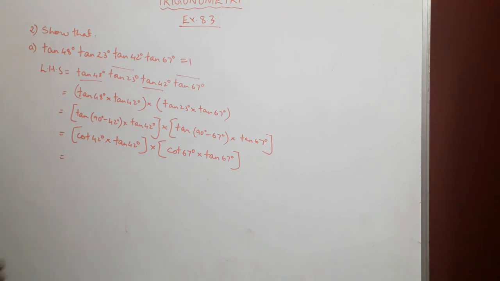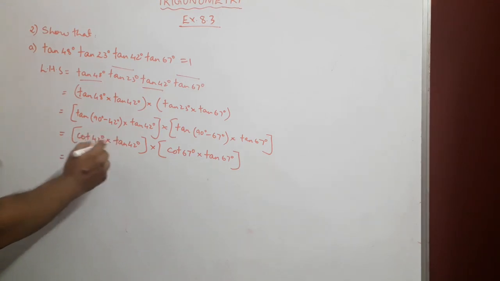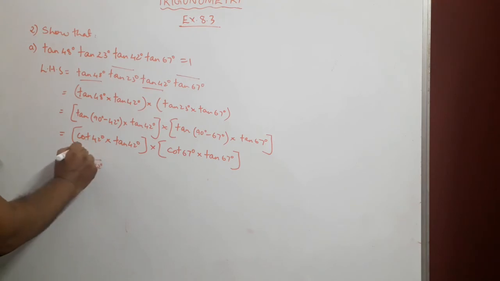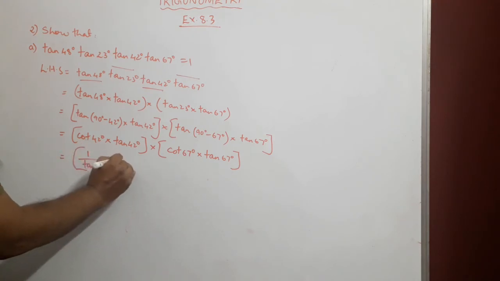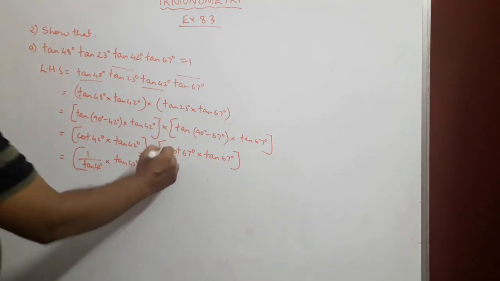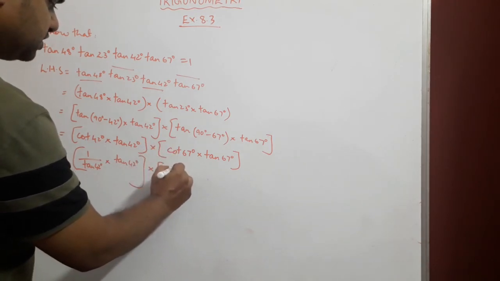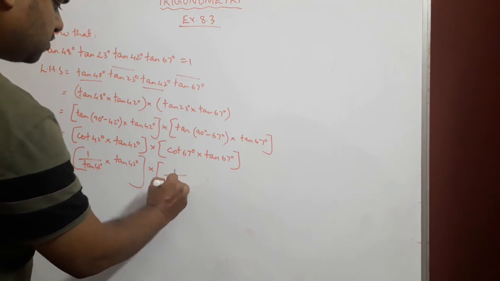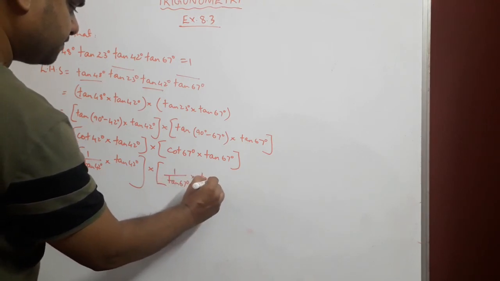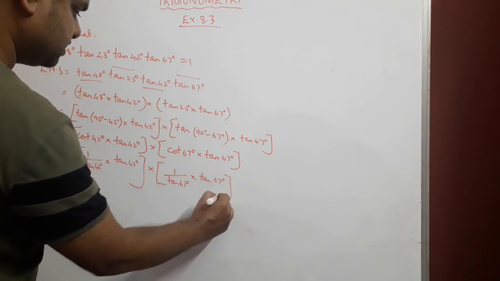Now from our identities we have also learned that cot is reciprocal of tan, so we can write cot 42 as 1 upon tan 42 degrees into tan 42 degrees, and once again over here cot 67 degrees can be written as 1 upon tan 67 degrees into tan 67 degrees.